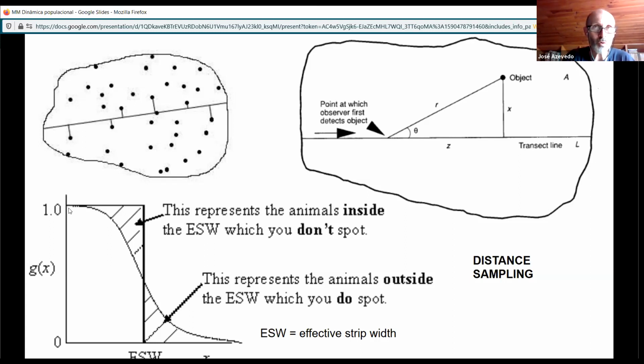This means that you will see all the animals that are on the transect because they're just in front of your nose. But as the animals are farther and farther away from the transect, the probability of not seeing them increases. So at the end of the transect, you have a graph like this.